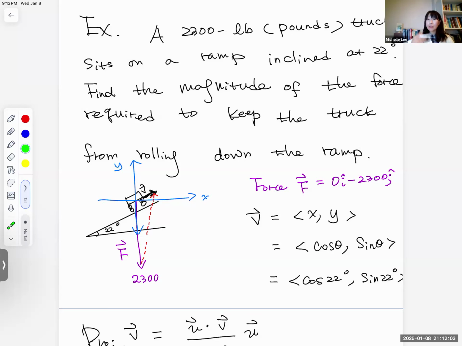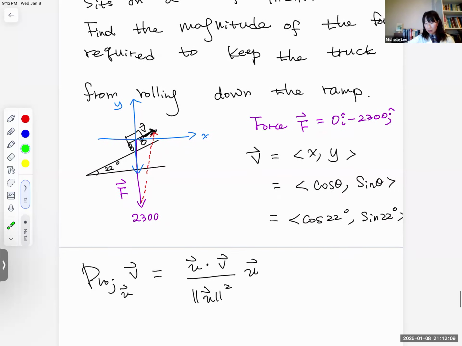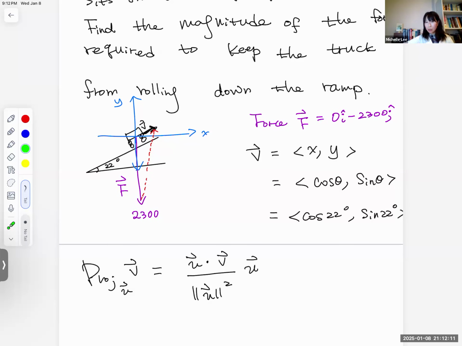In that kind of application, I brought up that formula, so we are using this one. After we use this, they ask for the magnitude, so we take the magnitude.